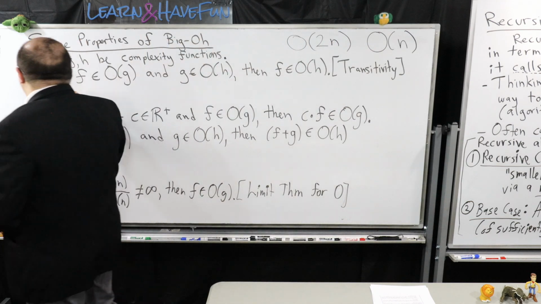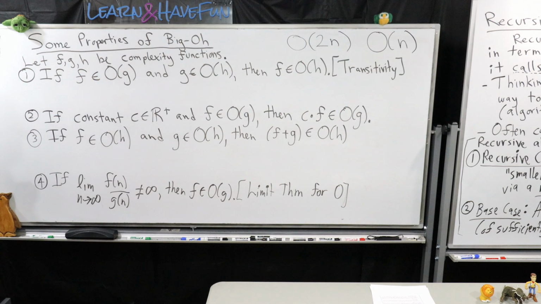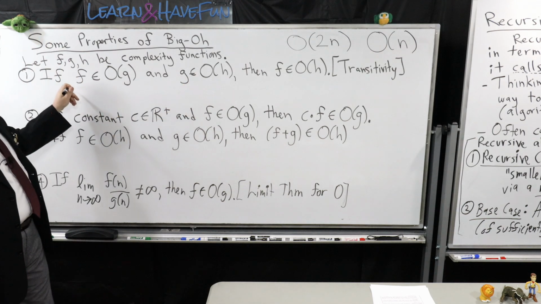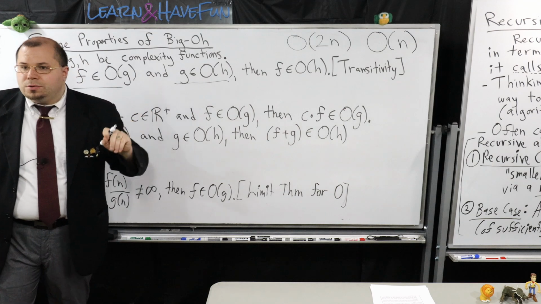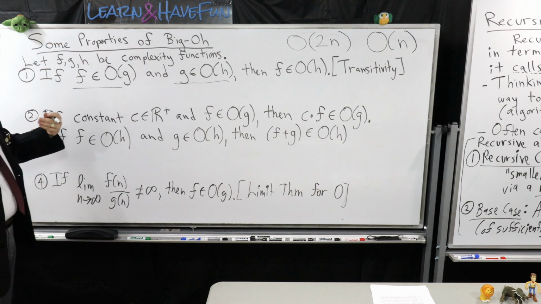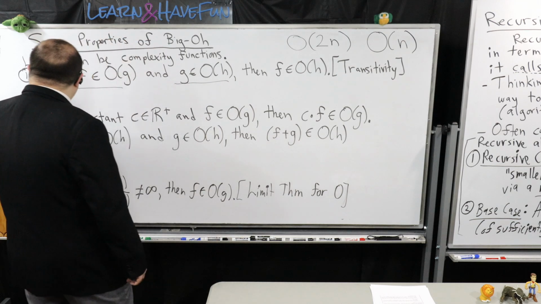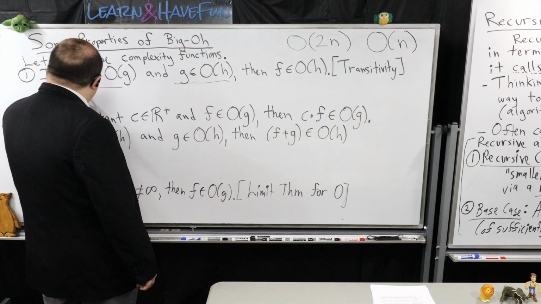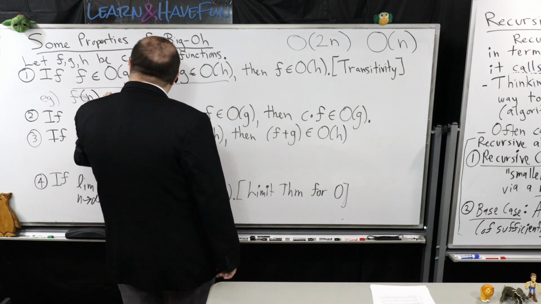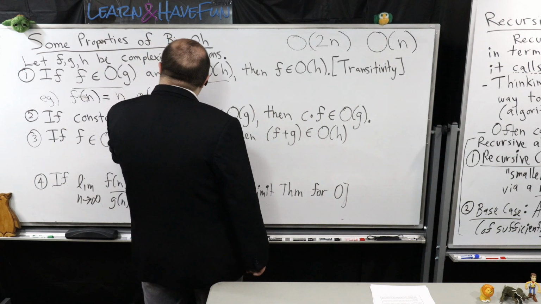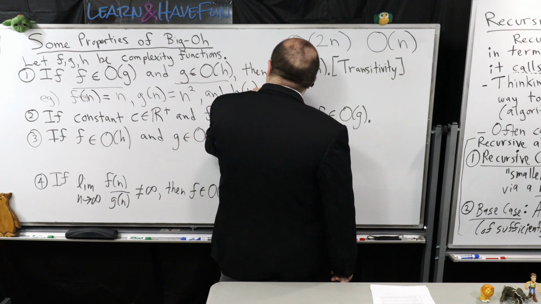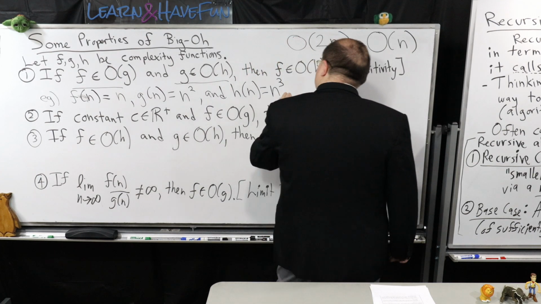So for example, the first one here is the transitive property for big O. It works as follows. If I know f is big O of g and g is big O of h, meaning both of these statements are true, then I can say that f is big O of h. For example, suppose f is n, g is n squared, and h is n cubed.